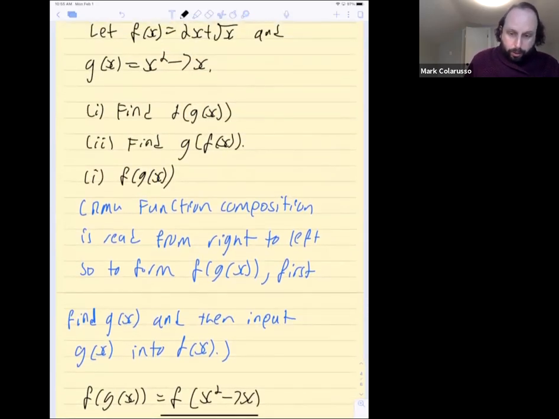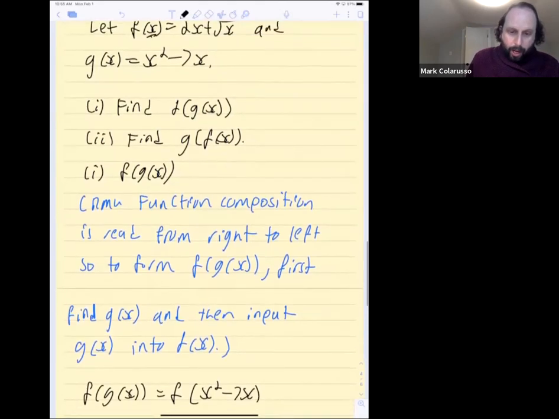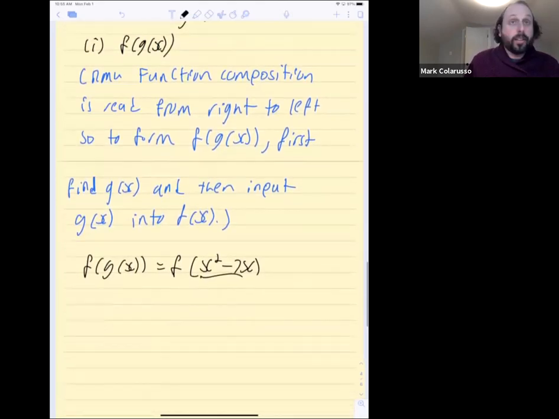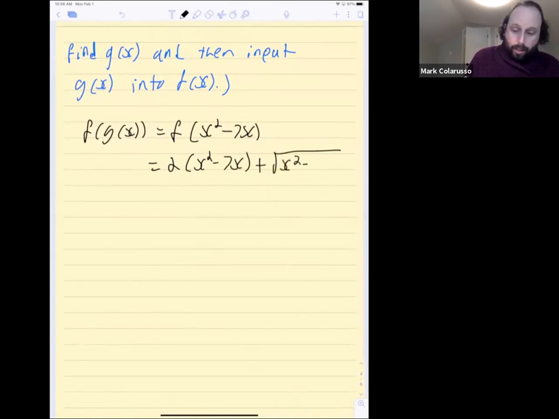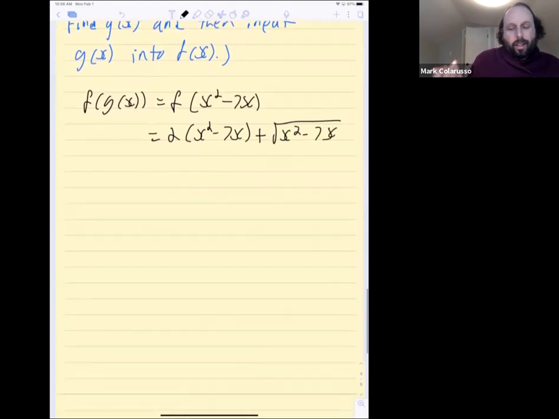It is 2x plus root x, and we're putting in for x this guy, x squared minus 7x, which is g. So we get 2 times (x squared minus 7x) plus the root of x squared minus 7x. And you could simplify this a bit, but there's not much you can do. You could write this as 2x squared minus 14x, and then you have this thing under the root, which is this ugliness.